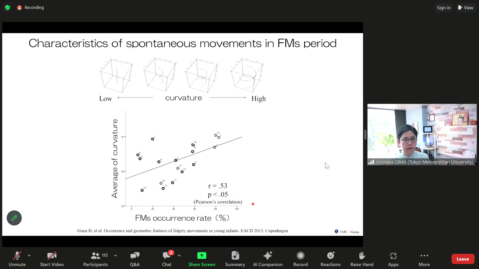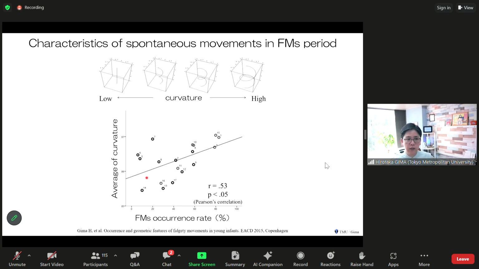Among the indices we examined, the average curvature was the index that reflected the characteristics of fidgety movements the most. Average curvature is a quantitative index of the geometrical feature of the limb movement trajectory.